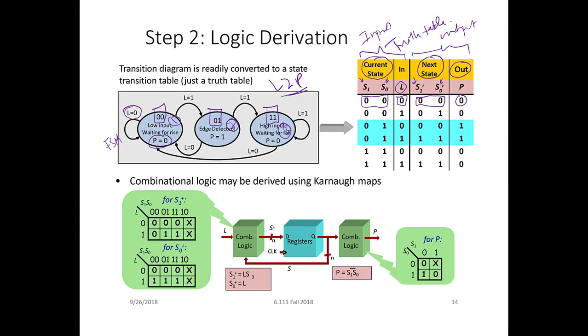The next is if our present state is 0, 0. So again we are talking about the first bubble, and our input is 1. So we are talking about this line. What is our next state? Our next state is 0, 1. And what is our output?